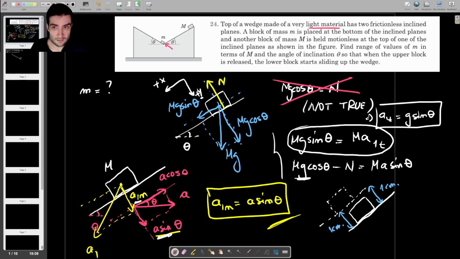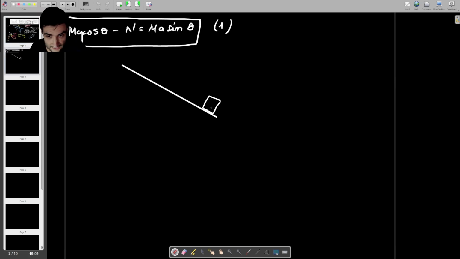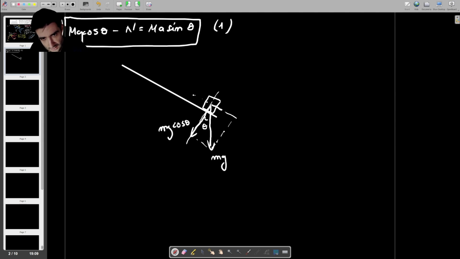So if it's climbing up the incline, then this force represented by the red arrow can't exist anymore because it's climbing. So the only forces acting on the small block are the weight. So this is small mg now with the corresponding components. So I have, as usual, mg cos theta, this is theta, and this is mg sine theta.